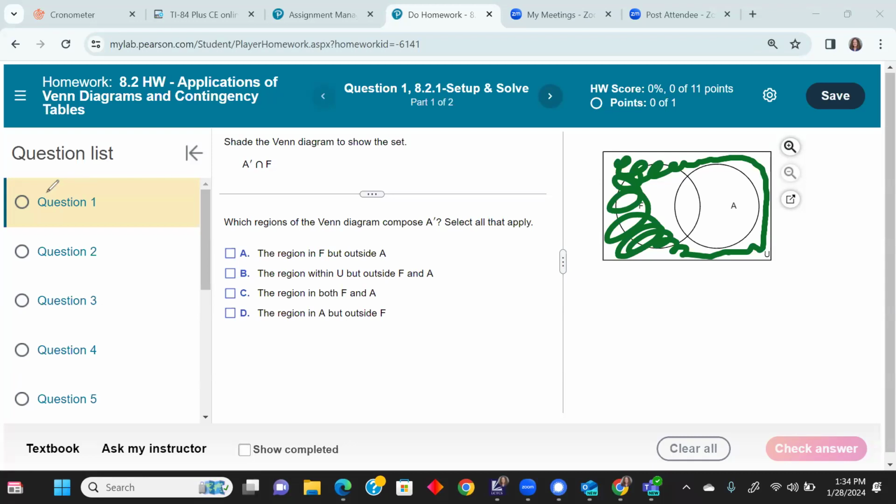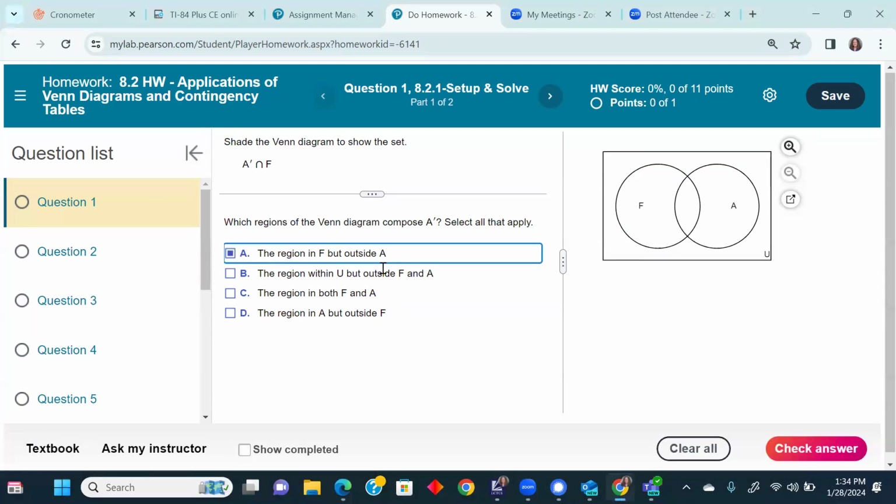All right. Where it overlaps with F. All right, so it's just that little fake crescent thing I said before. Clear drawings. Get this off of here. So it's going to be the region F, but outside A.